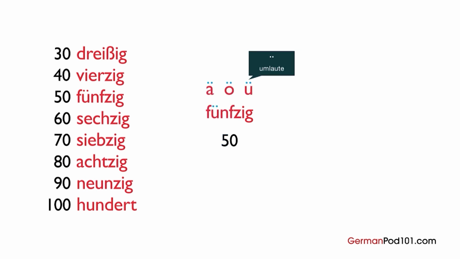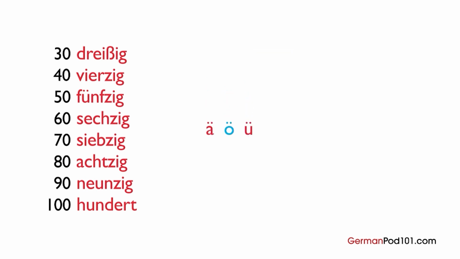These are called Umlaute. Ä is being pronounced like the I in elder. Ö comes close to the O in worry. And Ü could be imagined as something between U and I. Ä, Ö, Ü.